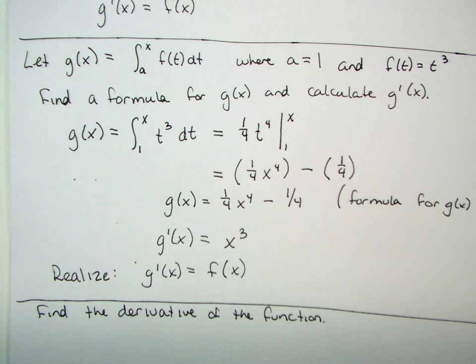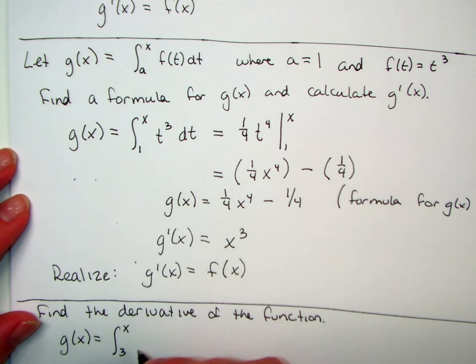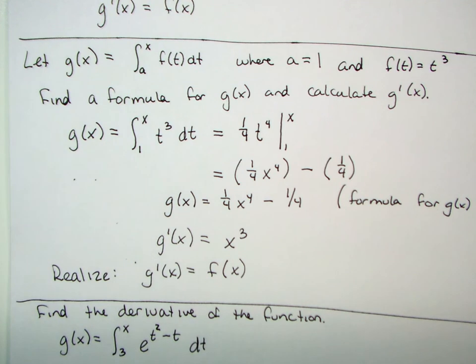And so the function is going to be g of x equals the integral from 3 to x of e to the t squared minus t dt.